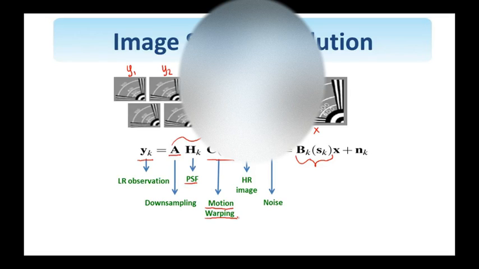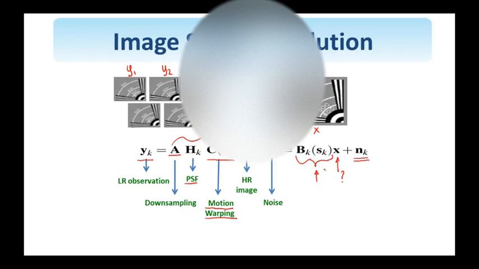So the problem is, given the low-resolution observations, k equals 1 to 5 for this particular image, and knowledge of B of k, S of k, we try to find an estimate of the high resolution image, given also maybe some knowledge about the noise.